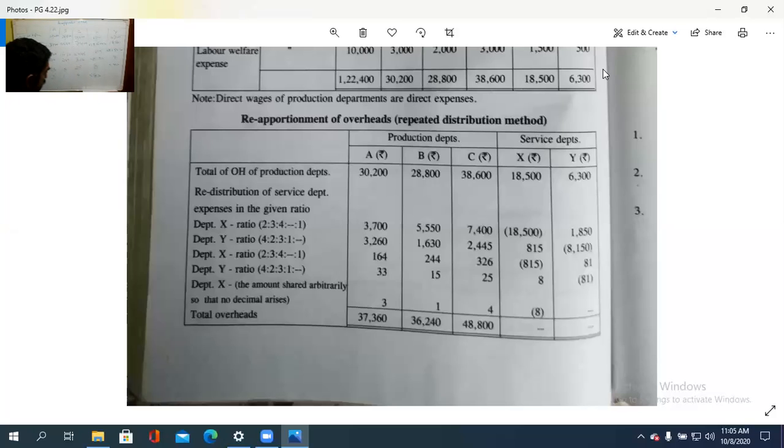So 3, 1 and 4. Then take the total of this, because 18,500 and 18,500 nullify, 815 and 815 nullify, 8 and 8 also nullify.